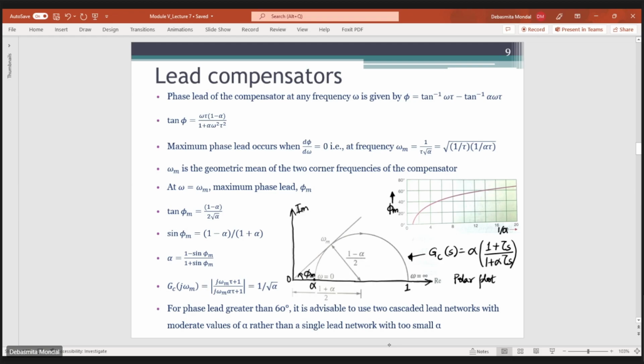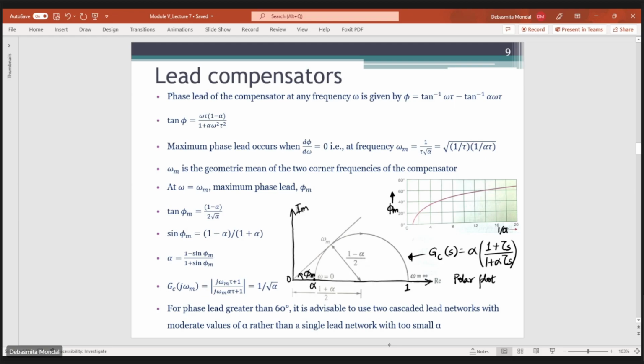So you can say that tan of phi m is equal to (1 minus alpha) by 2 under root of alpha. You can rearrange these expressions and find the value of alpha in terms of sine of this maximum phase lead. Now similarly, if you see the polar plot of this transfer function, it has this alpha term included in it.